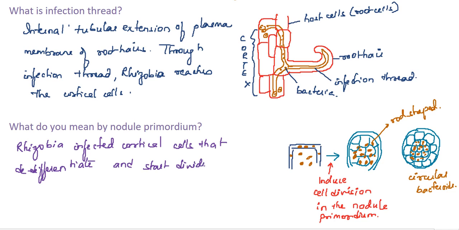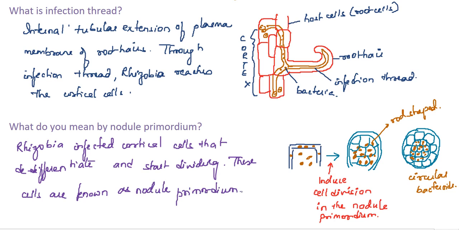These cells are known as nodule primordium. So in simple language, wherever the bacterial cells accumulate, these cells become nodule primordium, where the bacteria induce more and more cell division and lead to the formation of the nodule. The nodule is the region where the bacteria will fix the nitrogen. Clear?